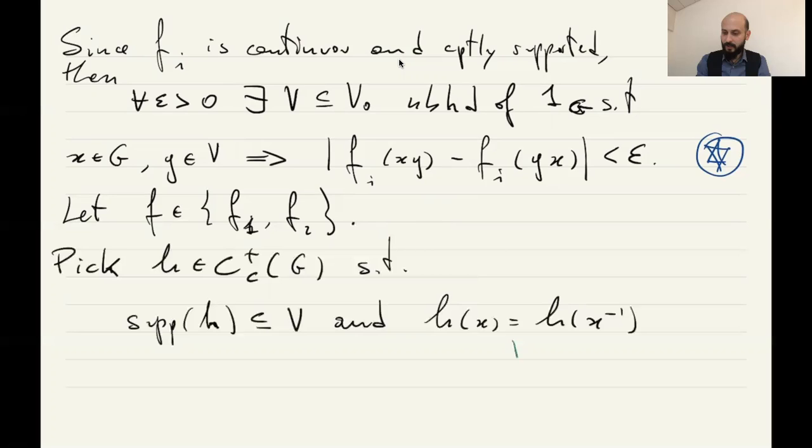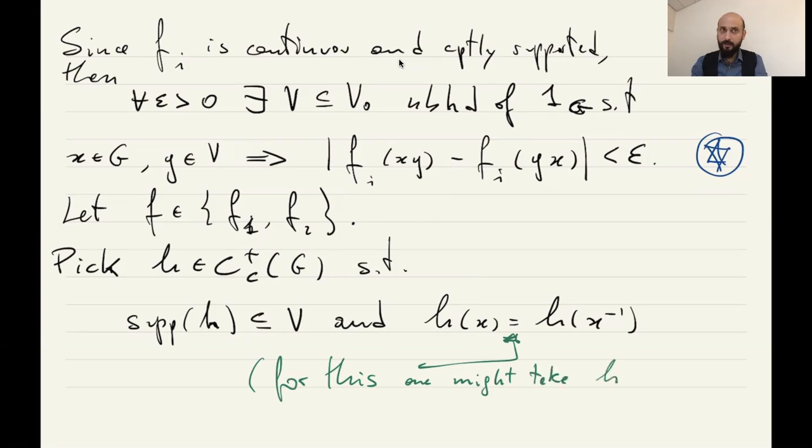Why can this be done? For this, one might take h of the form rho(x) plus rho(x minus 1).